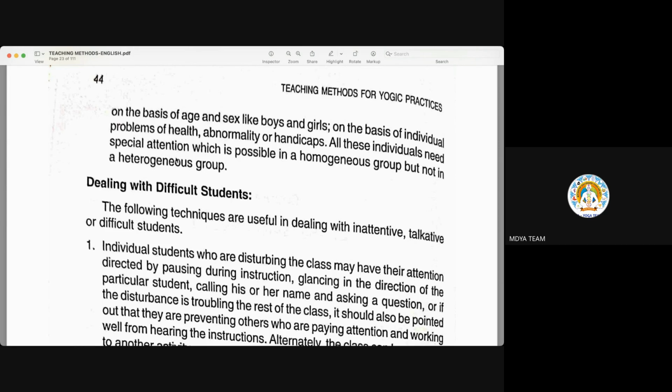Heterogeneous means there may be a difference among sex or age, but they are normal human beings. They don't need special attention. So for special attention, if some particular person or group of persons is facing the same problem, then you have to make a homogeneous group in that case.